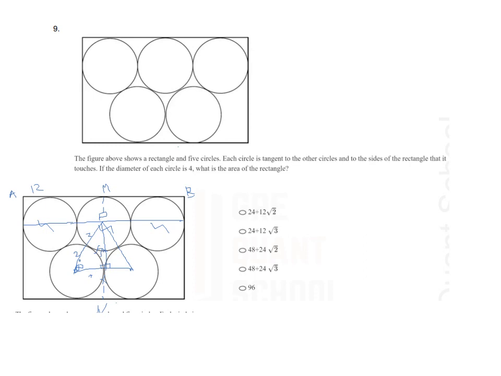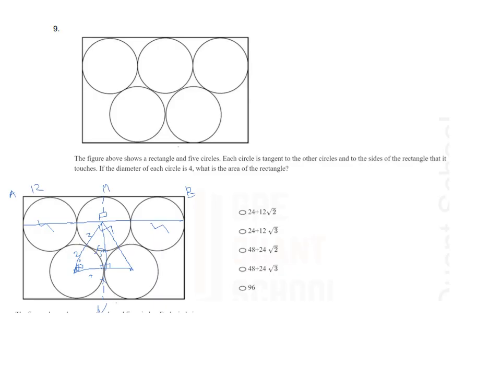Now let us draw a triangle. We need to find out the distance, right? So the radius of each circle is 2. So if I draw a triangle using two circles, we get sides of the triangle 4, 4, and 4. That is the equilateral triangle.